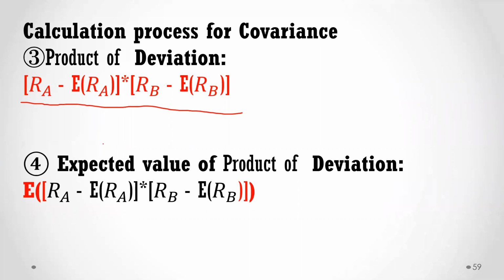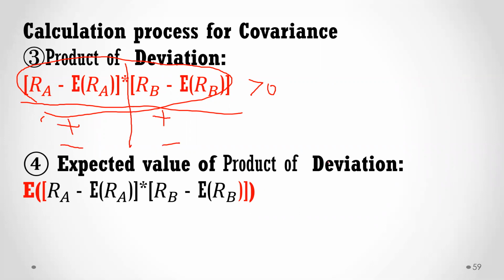Let's look a little bit more at this product of deviation. If this is positive, this means that there are two potential stories. That is, A's deviation is positive and B's deviation is positive, or A's deviation is negative and B's deviation is negative. Let's see one by one.